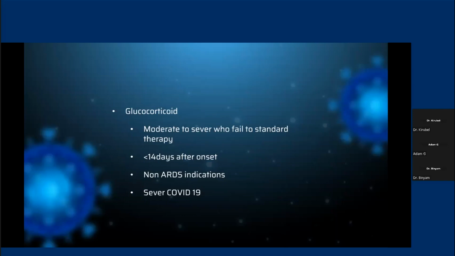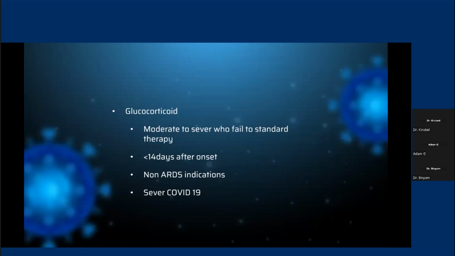Glucocorticoid medications are used especially when you fail to improve with the standard care, standard treatment. We can start glucocorticoids, but they should be started within 14 days of onset. If it is more than that, the fibrotic phase has already started and the patient will not benefit, and may even end up having complications.